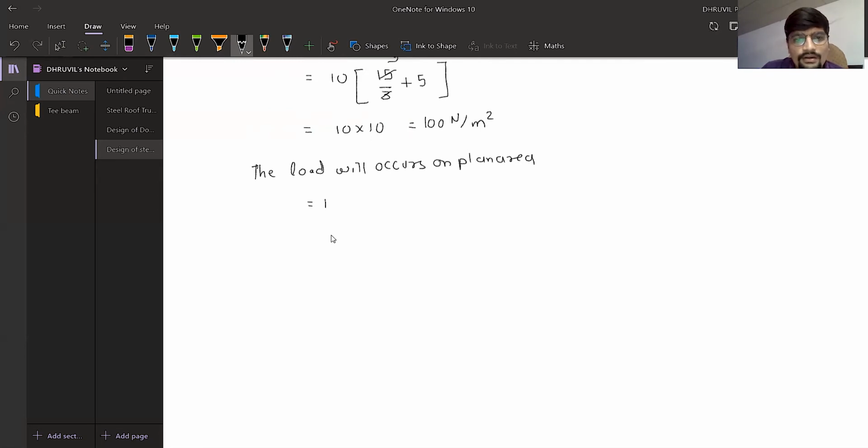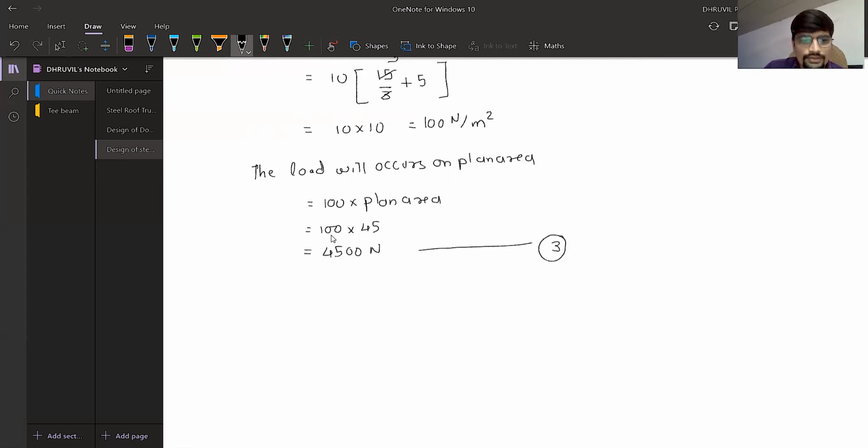That's why 100 into plan area. And our plan area is 45. So 100 into 45, which is 4500 Newton. And this also is the third load.